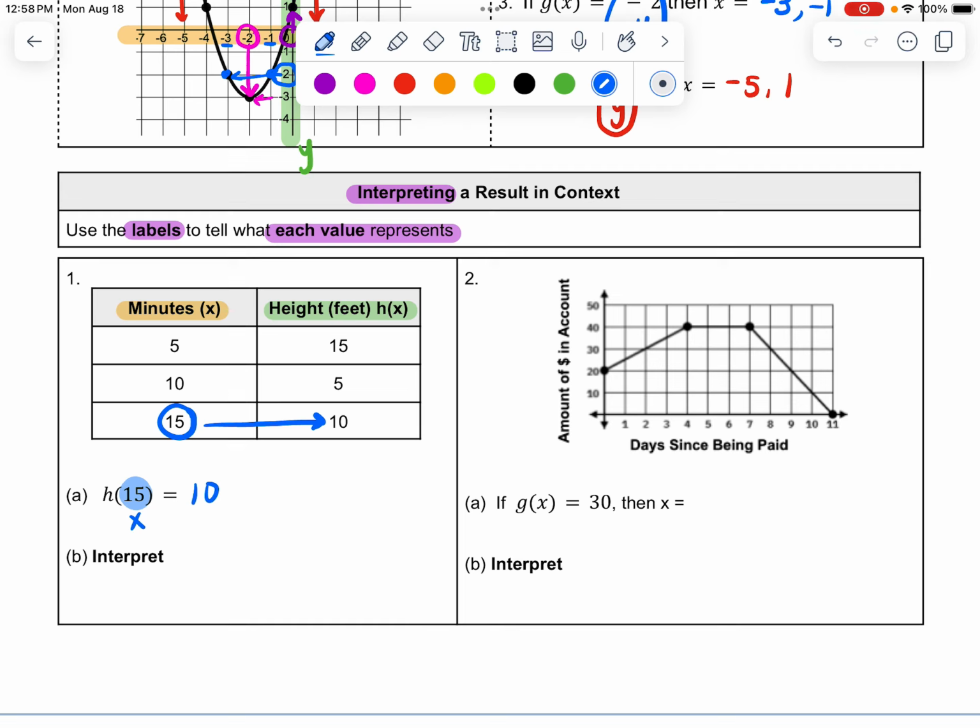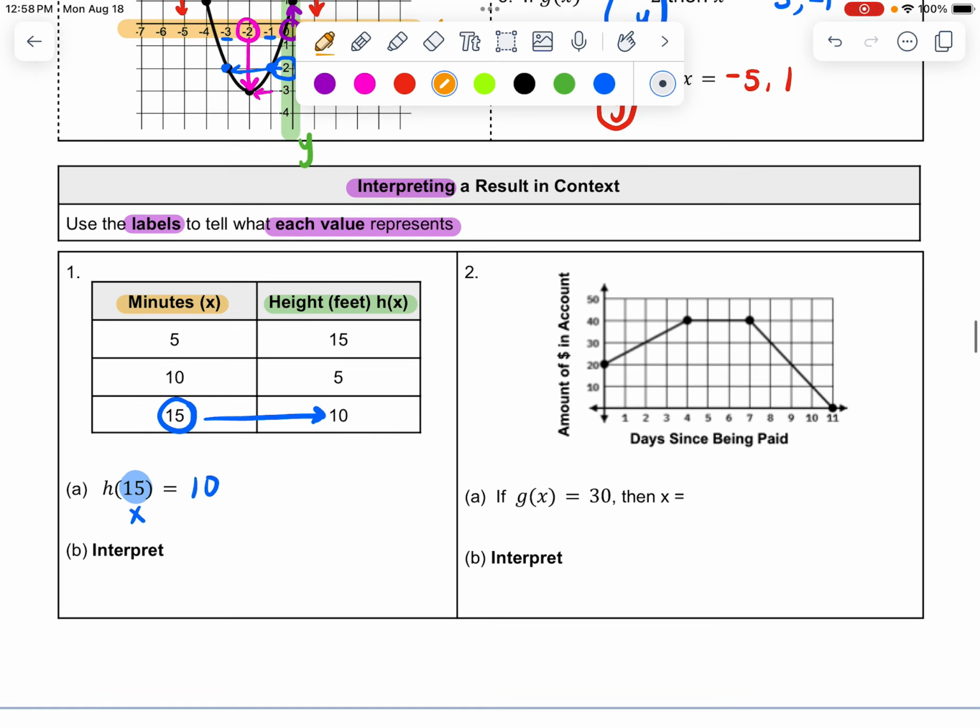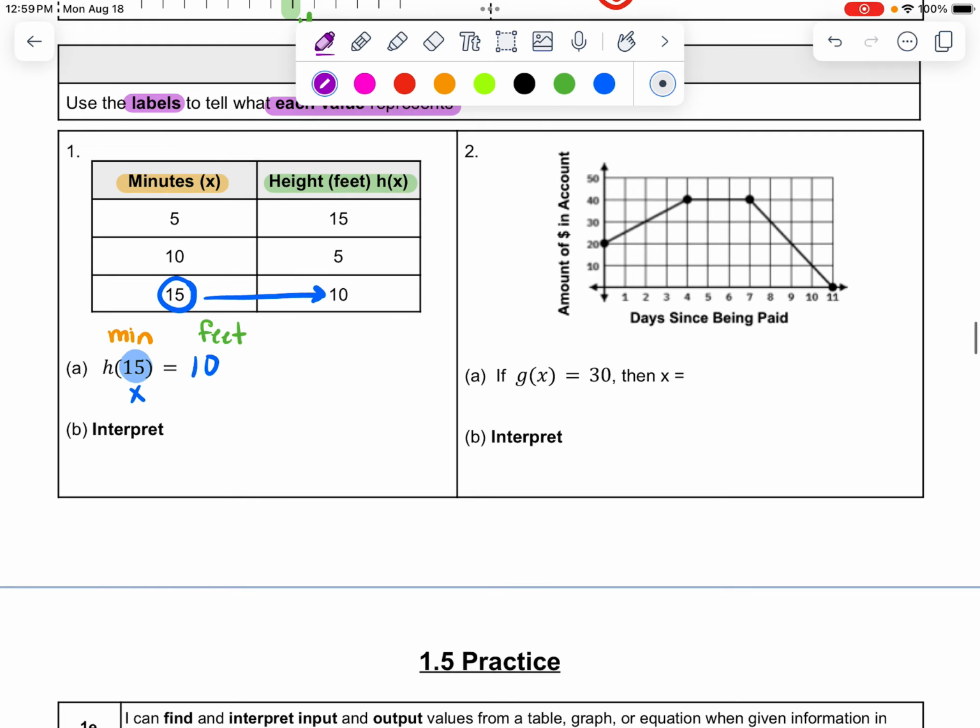Now I'm going to interpret. I'm going to go back to my labels. In the directions here, it said that the x values were the minutes, so I'm going to label that. And it said that the y numbers were the feet. That means that our interpretation will look something like this.